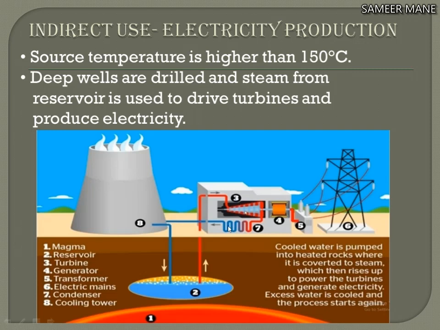This condensed steam is then sent towards the cooling tower. In this cooling tower, the condensed steam is cooled down and settles in water form, and this water is again injected into the earth's crust, that is, into the reservoir.